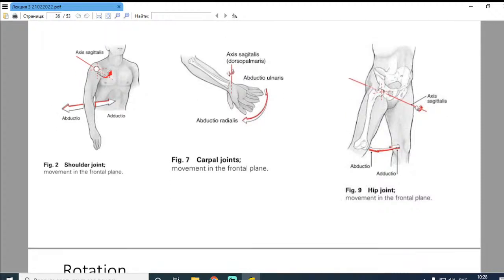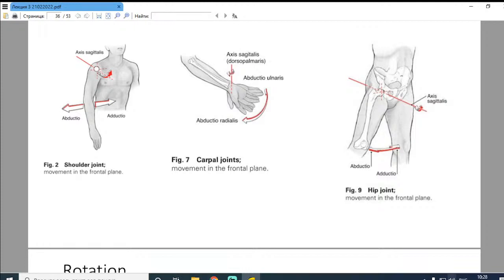Shoulder joint, movement in the frontal plane: abduction, adduction. Next, carpal joint, movement in the frontal plane, abduction ulnaris and abduction radialis.